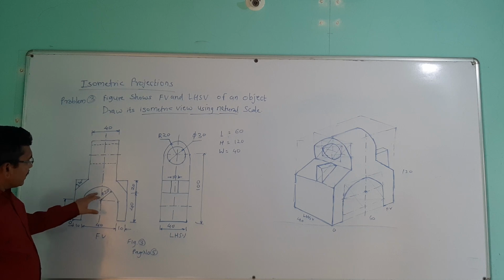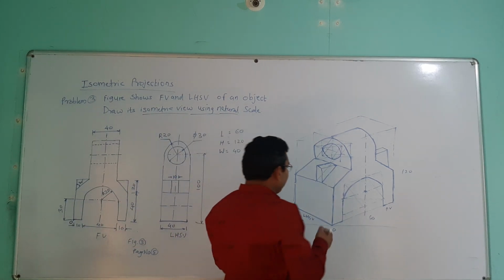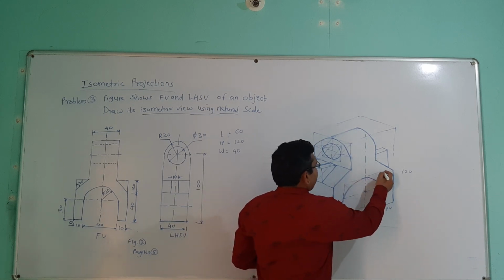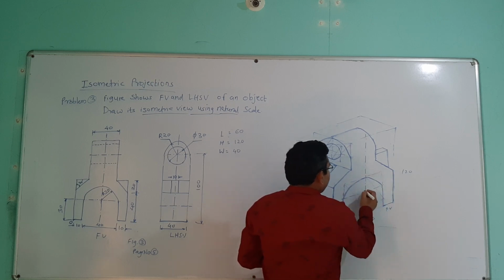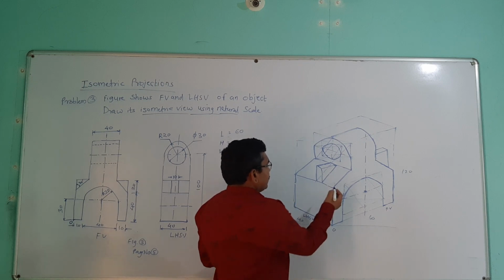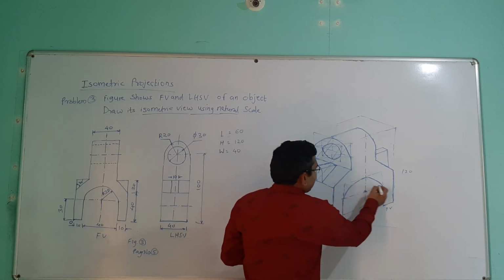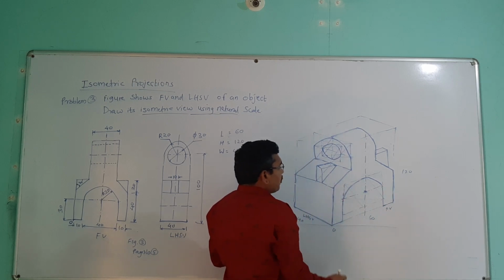Then we have to mark this half circle. To draw this half circle, we need to draw a rhombus of the same side. The radius is 20, so 40 by 40. Let us draw a rhombus of 40 by 40 here, with this as a center, and follow the procedure of the bigger corner and the midpoint of the opposite side. Let us join this corner and opposite side midpoint.